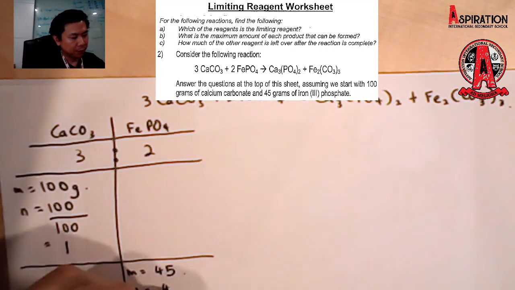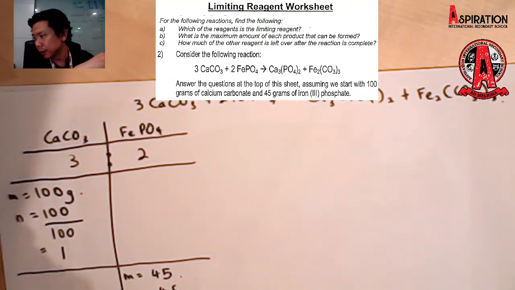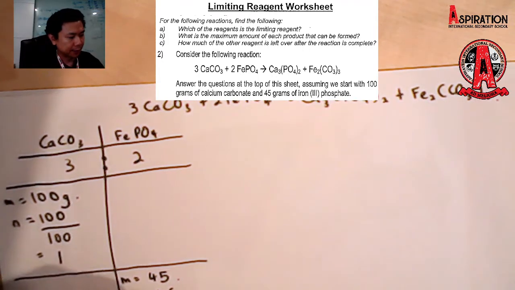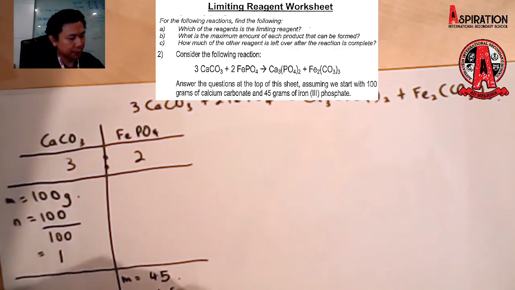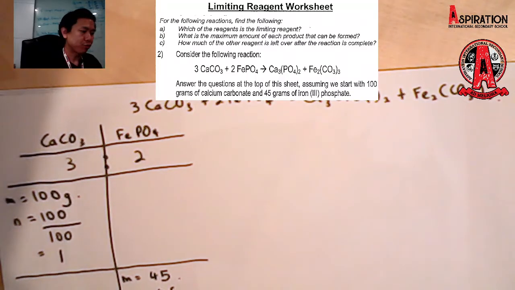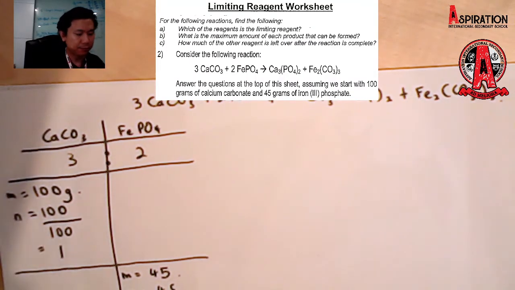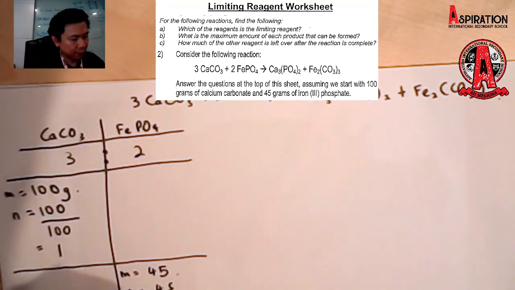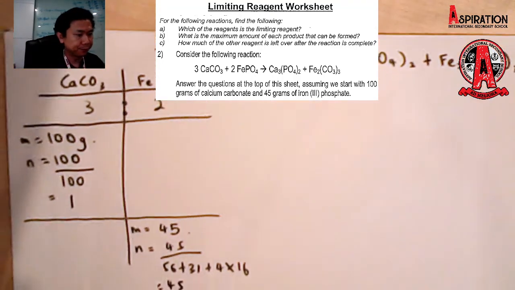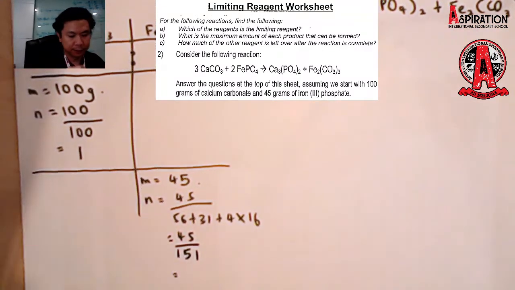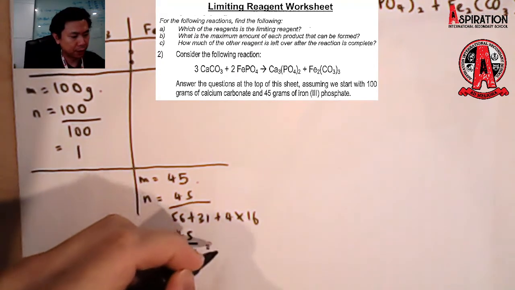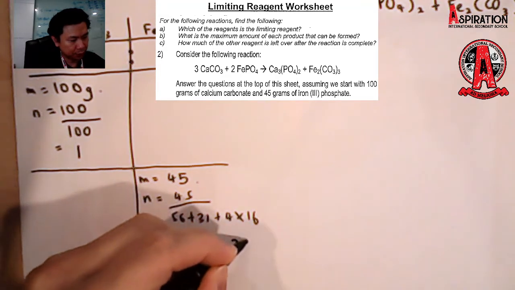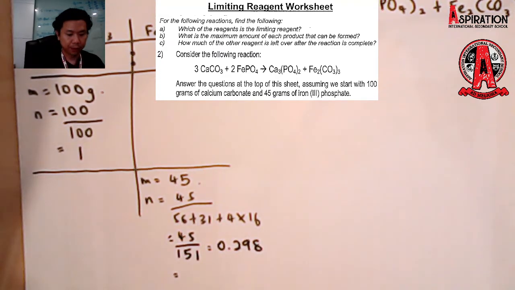The moles will be 45 over iron 56 plus 31 plus 4 times 16, which is 45 over 151. So you've got 0.298 moles being provided.